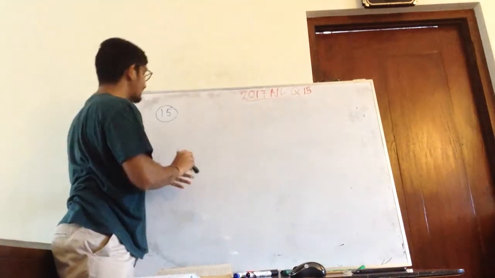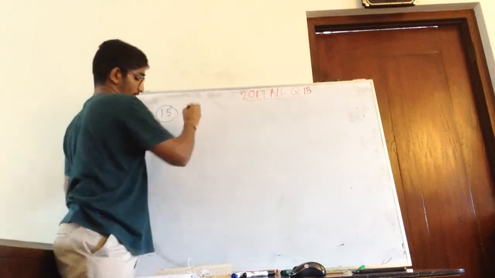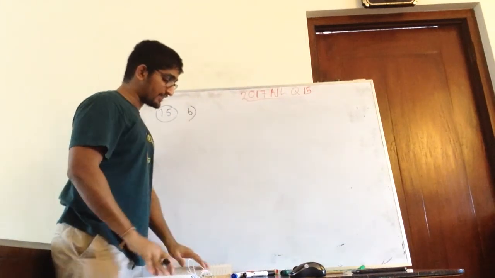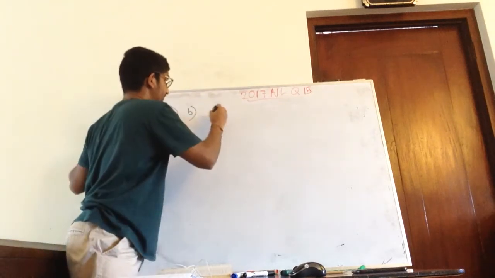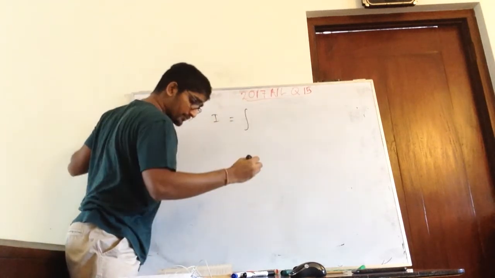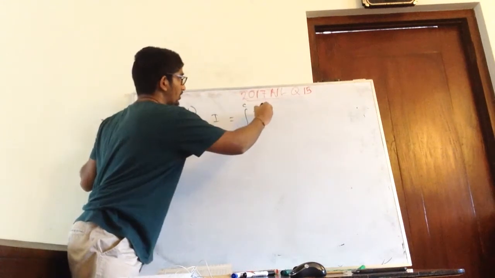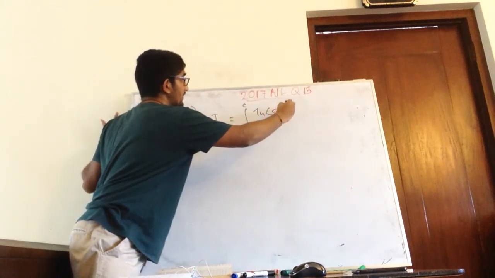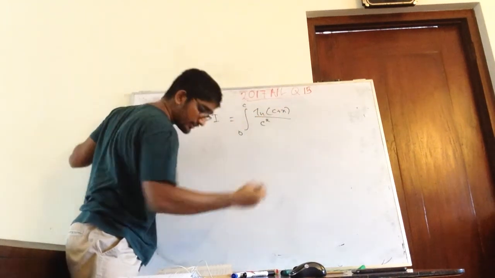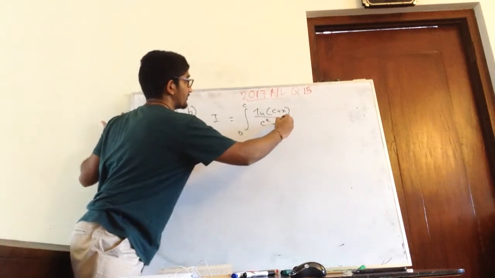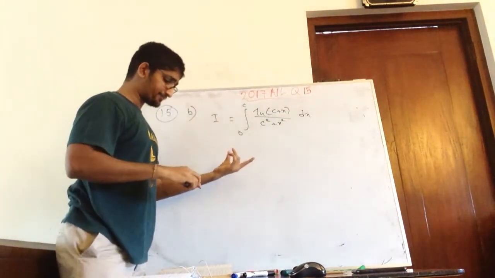So in part B, what does it say? It says let C be greater than 0 and I be the integral from 0 to C of ln(C plus x) over (C square plus x square) dx, right? So they have given this.